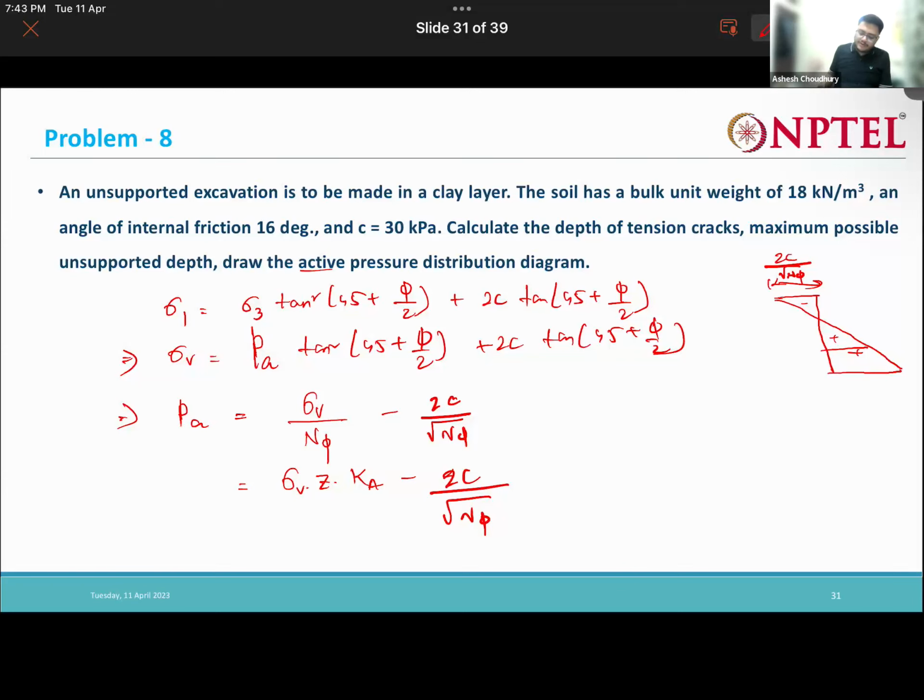Now calculate the depth of tension crack. Tension cracks have a possibility of occurrence only in this portion. This depth let us call Z naught. At Z naught, my pressure is 0, right? So we equate this pa to 0 and put z equal to Z naught.